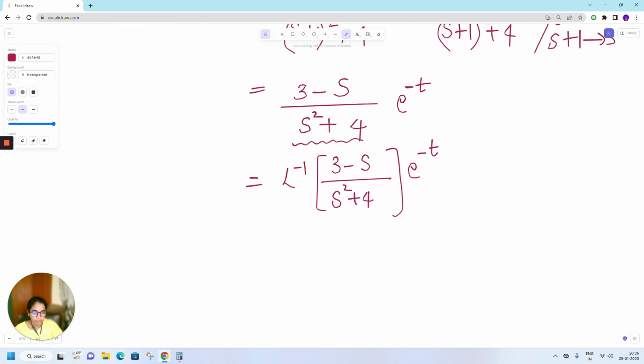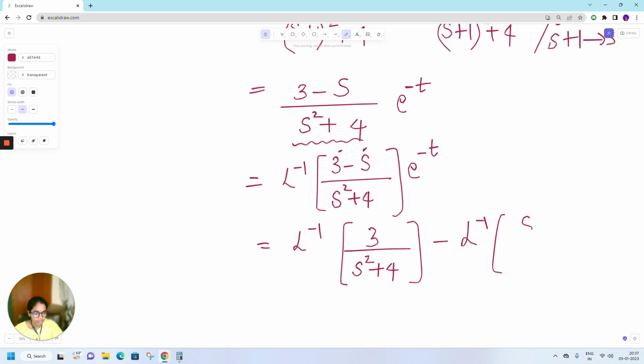Now, as I told you, in the numerator, if you have two terms, divide each term. That is Laplace inverse of 3 divided by s square plus 4 minus Laplace inverse of s divided by s squared plus 4. 3 is a constant, I can take it out.